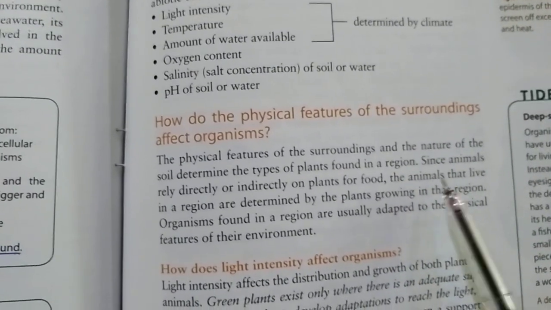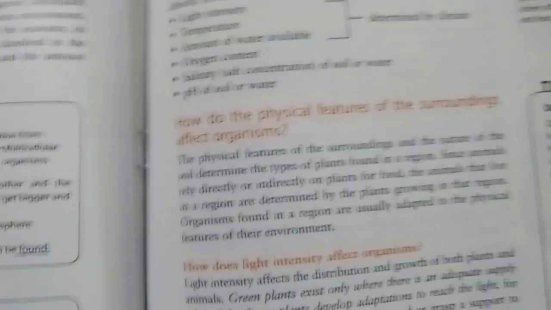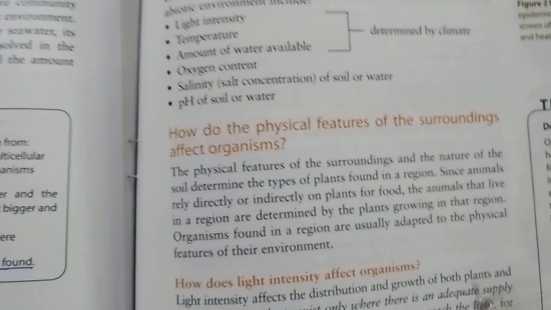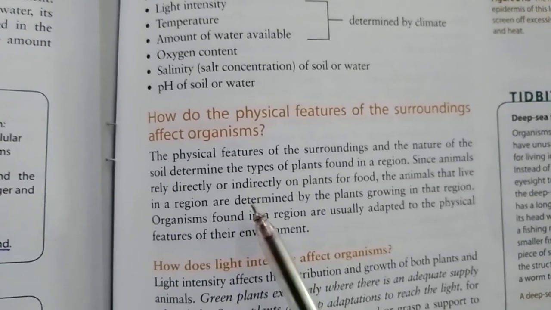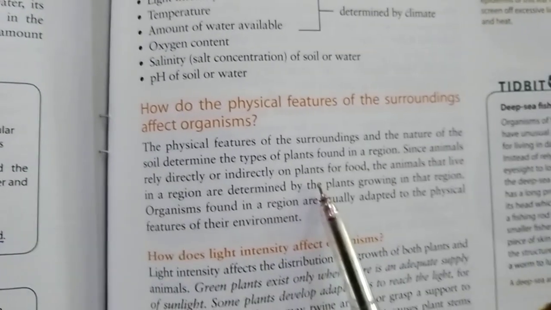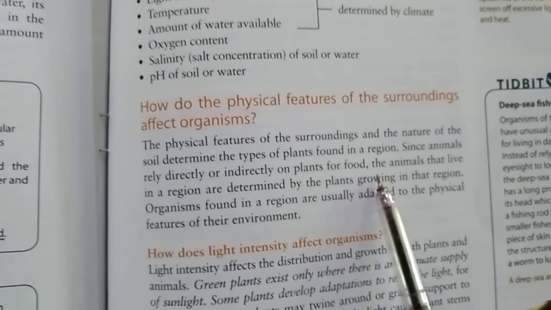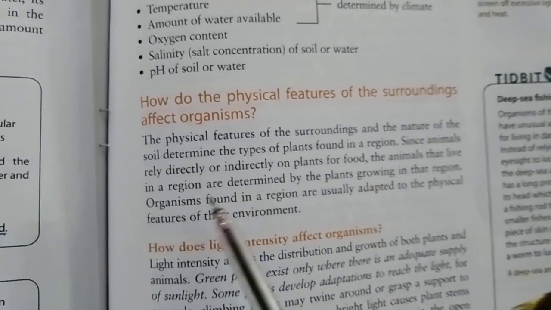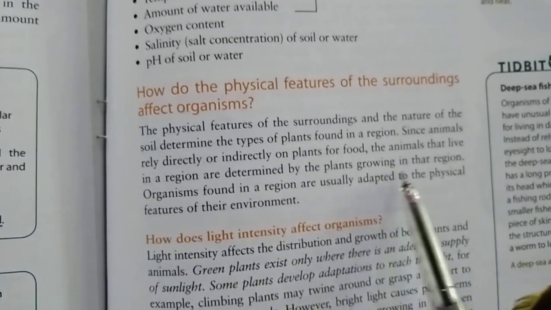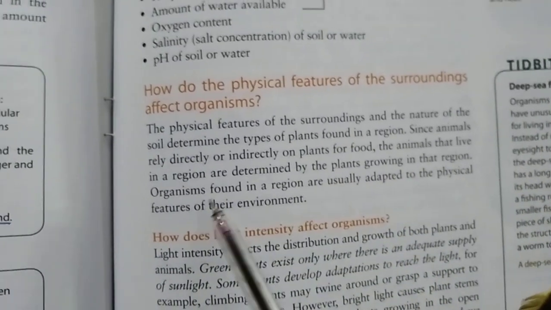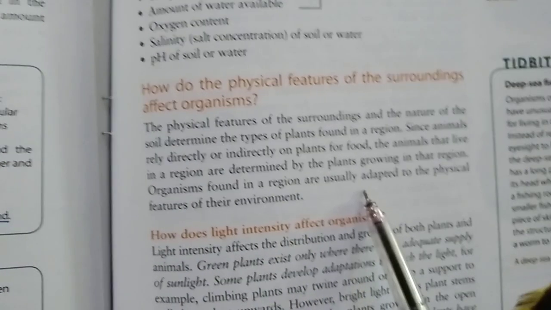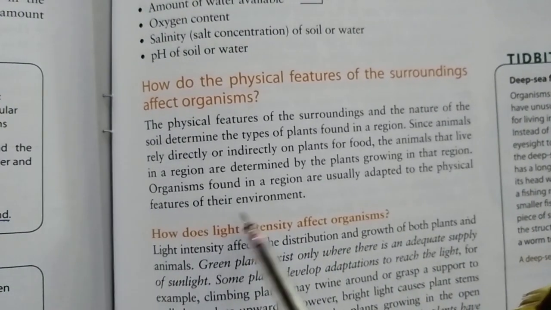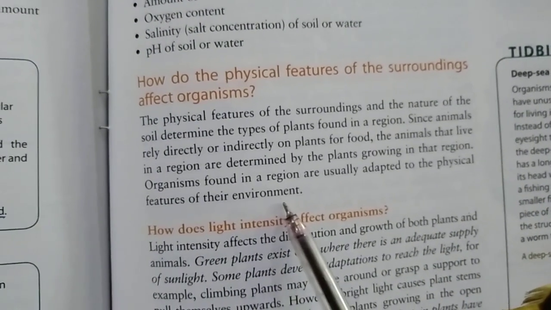Since animals rely directly or indirectly on plants for food, the animals that live in a region are determined by the plants growing in that region. Organisms found in a region are usually adapted to the physical features of their environment.